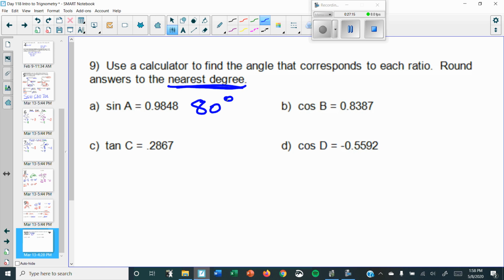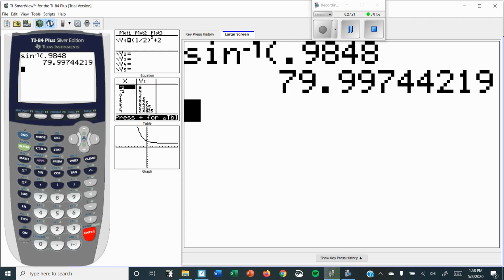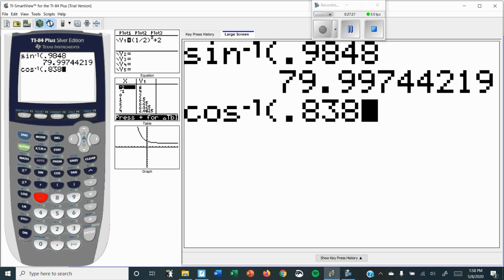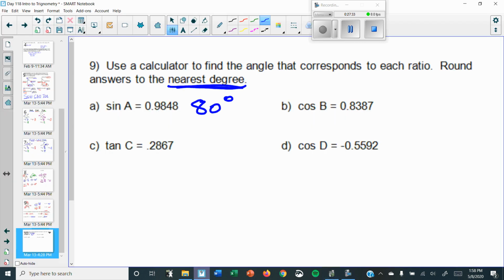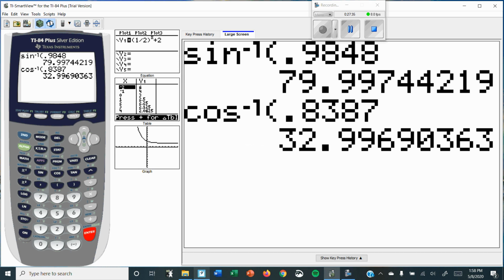Okay, the next one is cosine 0.8387. Again, we need to press second cosine. So second cosine 0.8387. I think that's what it said. 32.9. Again, that rounds to 33. Did I type this in right? 0.8387. Yep.